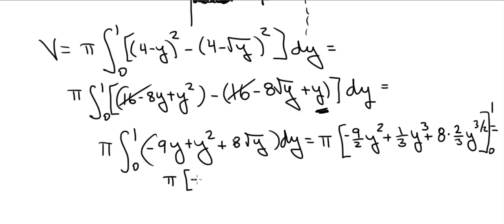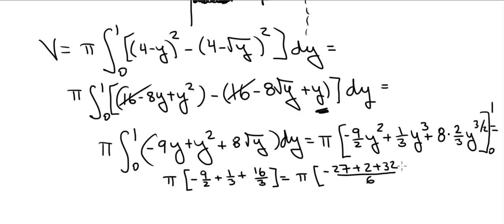We have pi times minus 9/2 plus 1/3, and then 8 times 2/3 would be plus 16/3. The common denominator is 6, so we have pi times minus 27 plus 2 plus 32, all over 6. 32 plus 2 is 34, minus 27 is 7, so the final answer is 7 pi over 6 units cubed. And that's the volume of the solid of revolution.